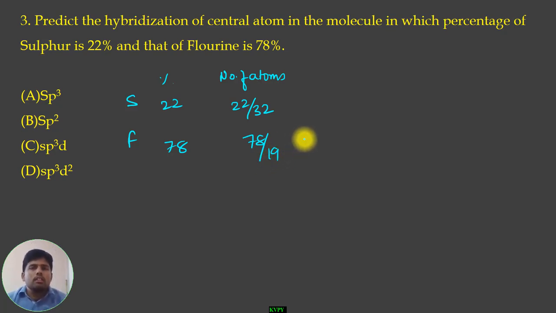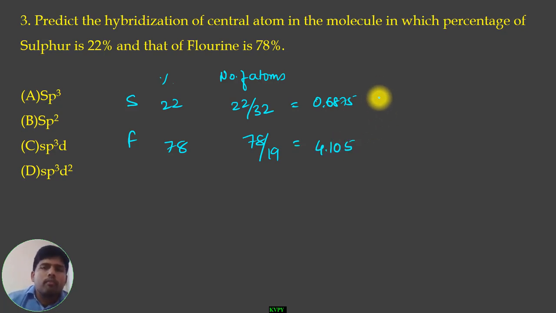If we calculate, this will come out as 0.6875, and this will come out as 4.105. In this way you get the number of gram atoms.